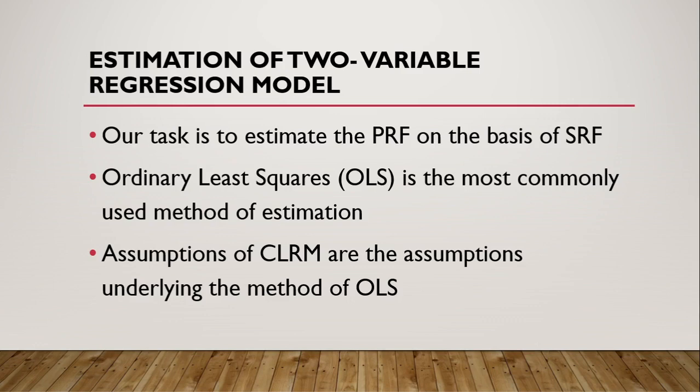So we can apply OLS only when the regression model satisfies all the assumptions that we have already discussed. If any of those assumptions are not satisfied, we cannot apply the ordinary least square method.